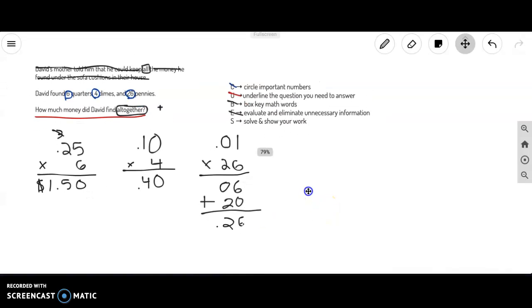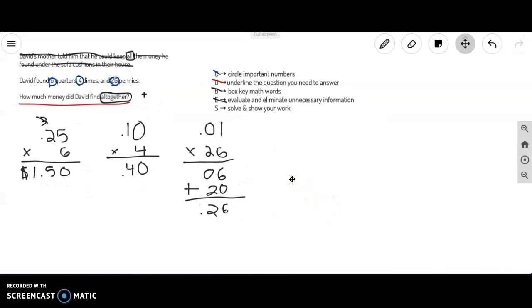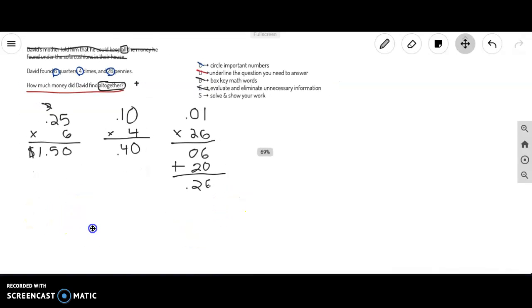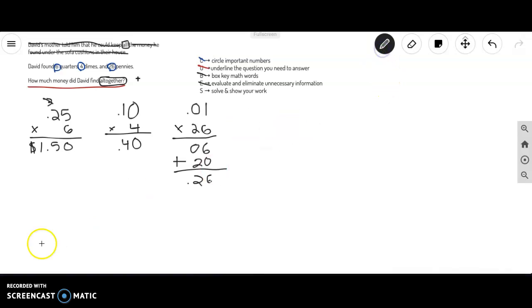So now that I've converted all these into decimals to find the total value, I can now add these together to find all 3 values together. So I'm going to first just give ourselves a little bit more room here. I'm going to put my $1.50 here. And I don't like adding more than 2 numbers at a time.